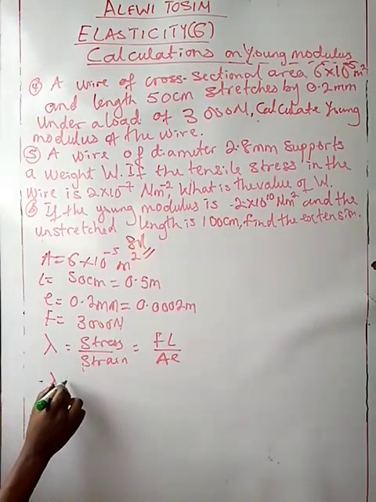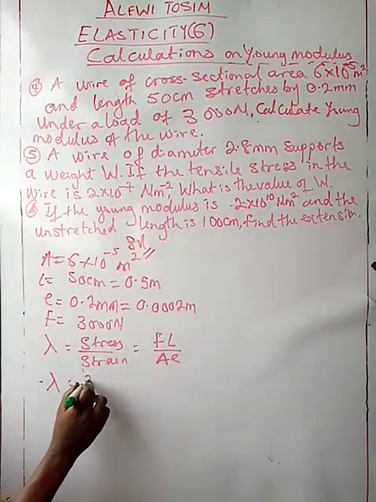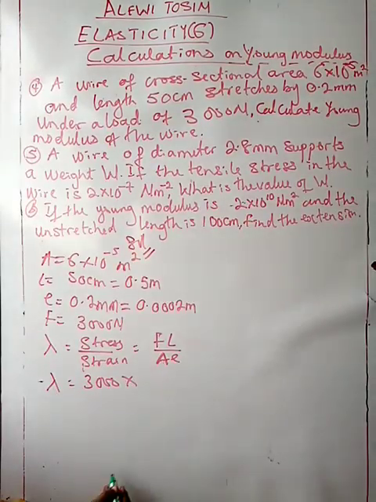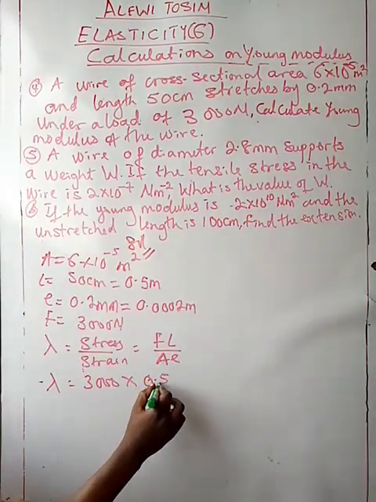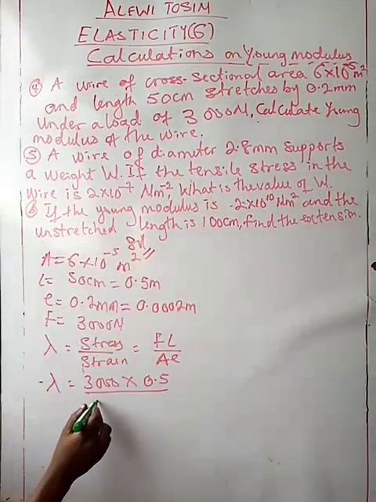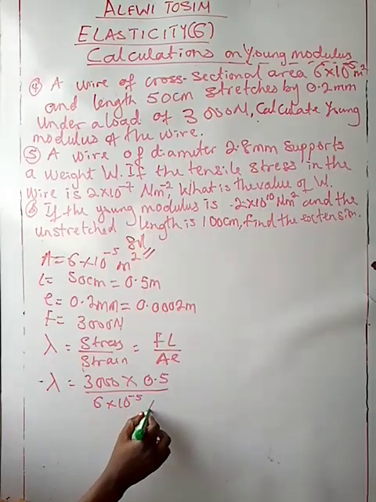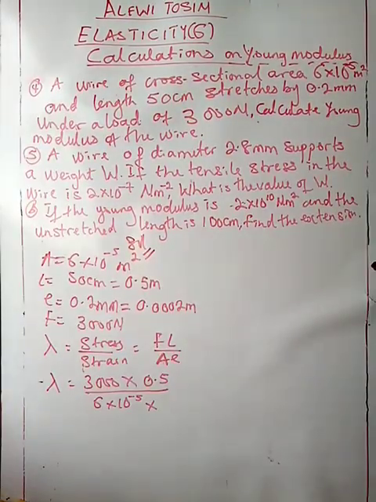So let's go this way. Our force is 3000, and the original length is 0.5, over our area, which is 6 times 10 raised to power minus 5 multiplied by 0.002.